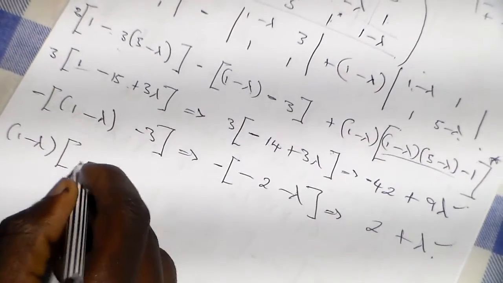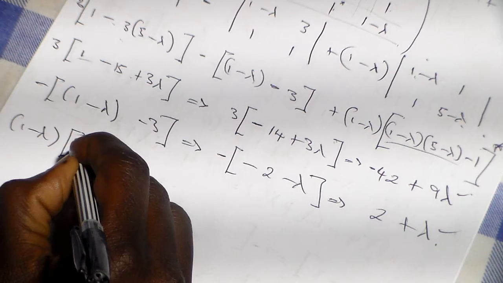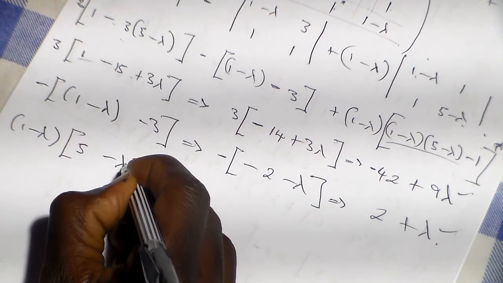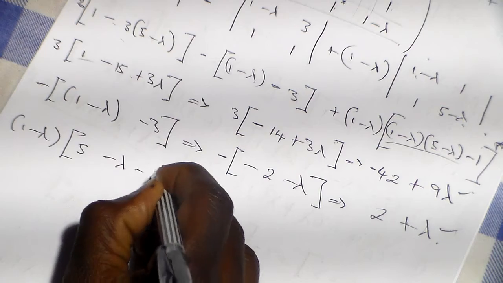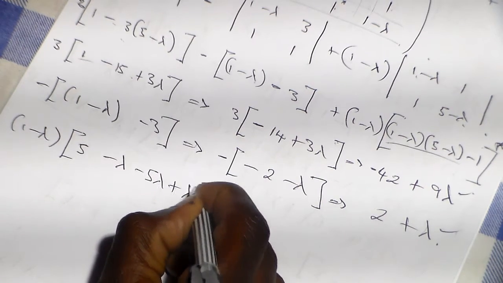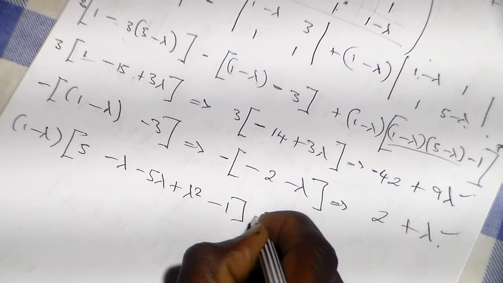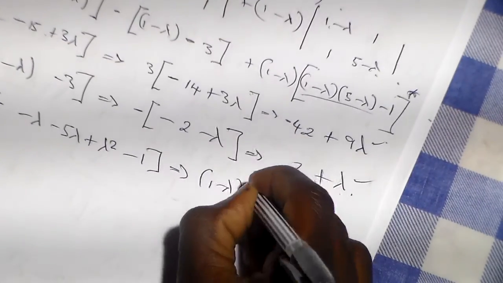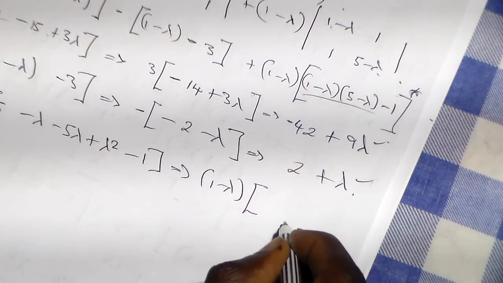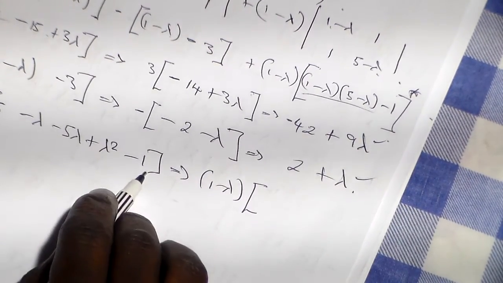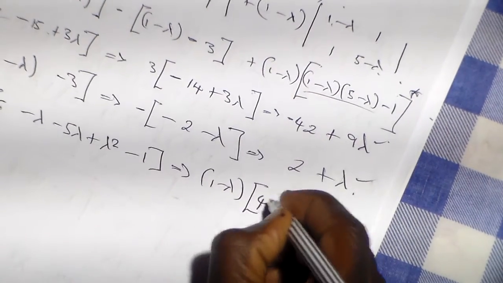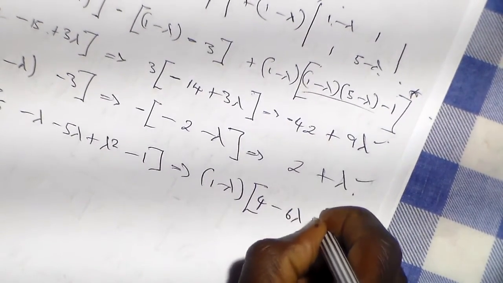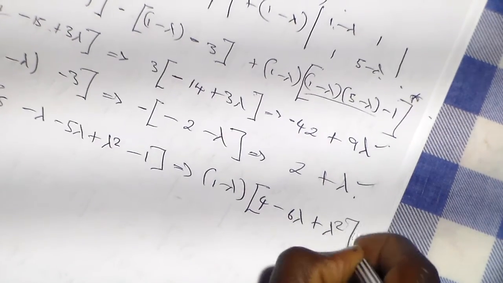I'll simplify this to give me 5 minus lambda minus 5 lambda plus lambda squared minus 1. This is leading me to 1 minus lambda times 4 minus 6 lambda plus lambda squared.